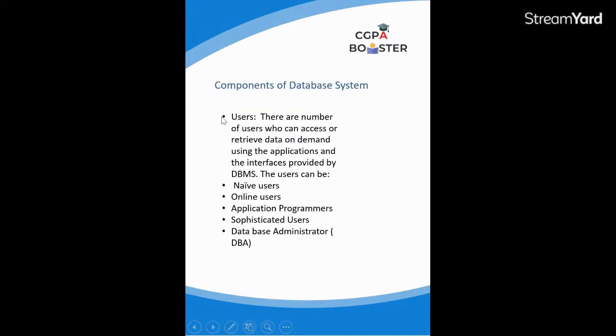Then comes our users, for whom we actually design the entire database system. There are a number of users who can access or retrieve data on demand using the applications and the interfaces provided by DBMS. The users can be naive users, online users, application programmers, sophisticated users, and the database administrator.